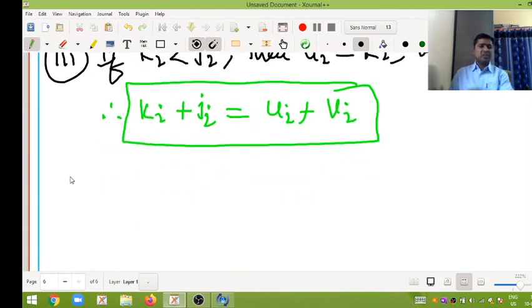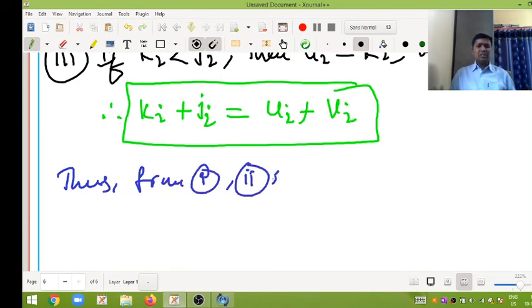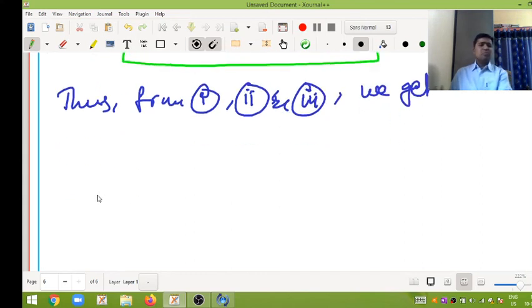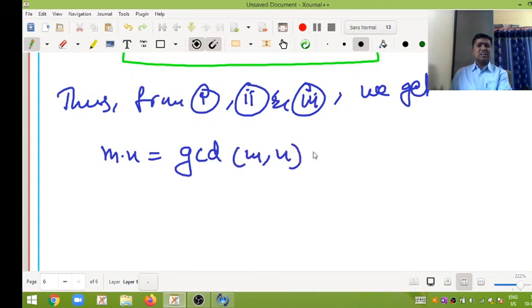Conclusion we have to write. So thus, my dear friends, from case 1, 2 and 3, we get the product of the integers is equal to GCD of those integers into LCM of those integers, my dear friends.